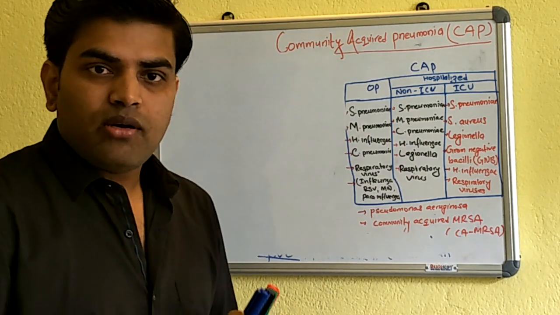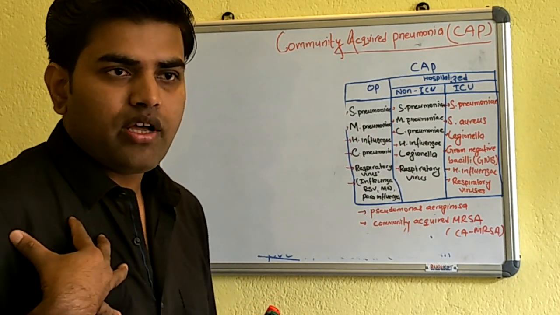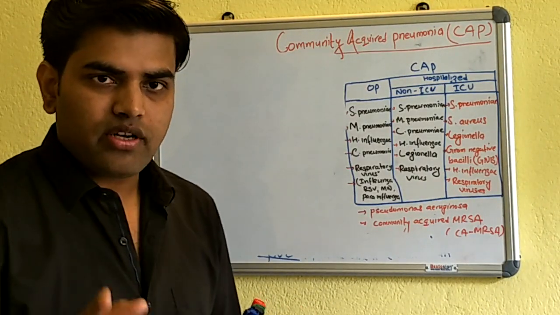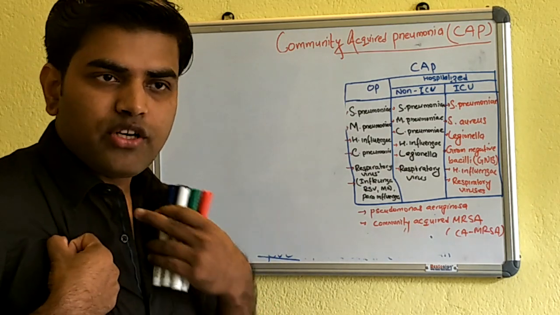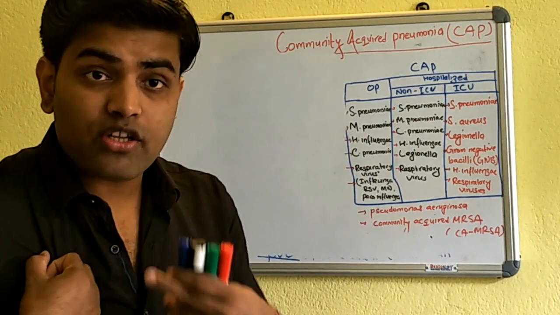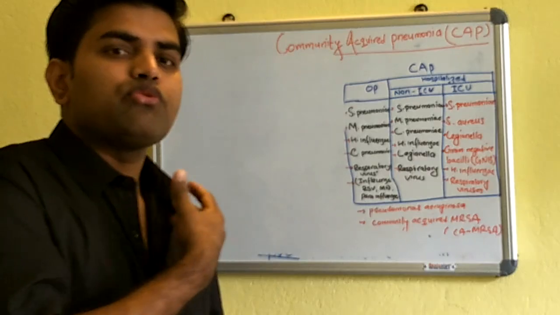Then it comes to palpation. In palpation, you see the position of the trachea. Normally, if you have pneumonia, the position of the trachea is not going to change; it will be central. But when you have a collapse, it will pull the trachea towards the same side as the collapse. If you have a pleural effusion, it will push it to the opposite side.